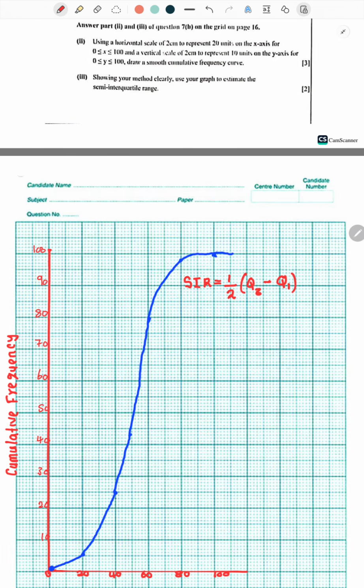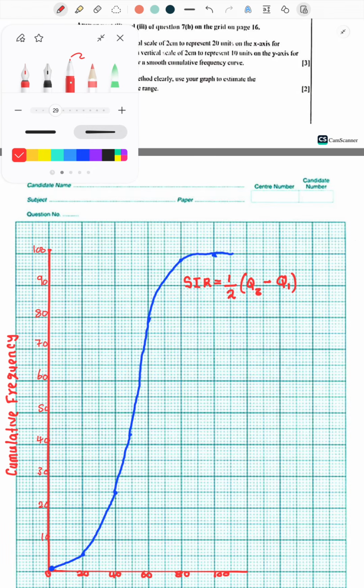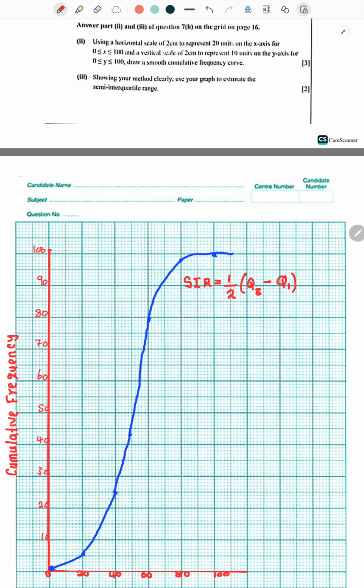Now, how do you get your third quartile? It's actually very simple. Remember, these are quarters.